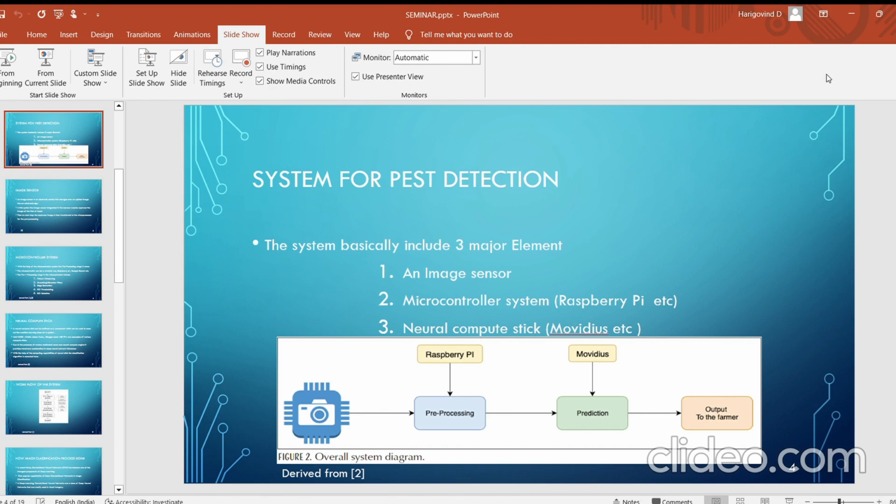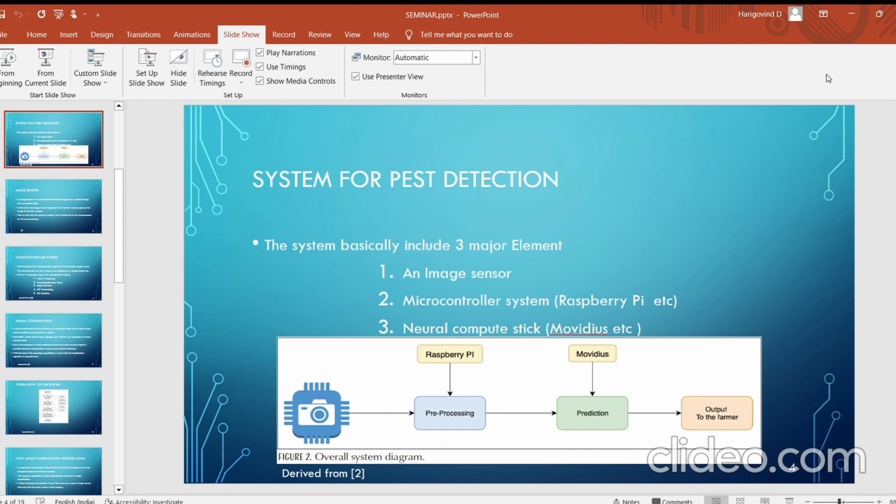So there is the pre-processing of the data and the prediction on the pre-processed data. Prediction involves going through and analyzing with certain algorithms for exact results, with pinpoint accuracy.